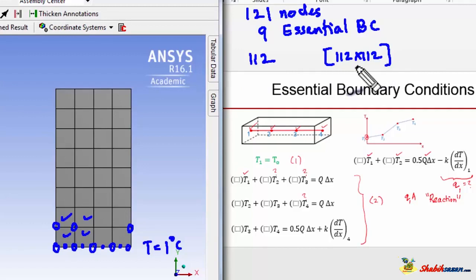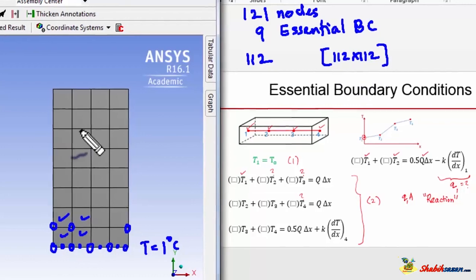And that's a sparse matrix because each temperature value is related only to its immediate neighbors. So this temperature value won't be related to all of these nodal temperatures. And it's inverted that matrix, and now we have all 121 temperature values.